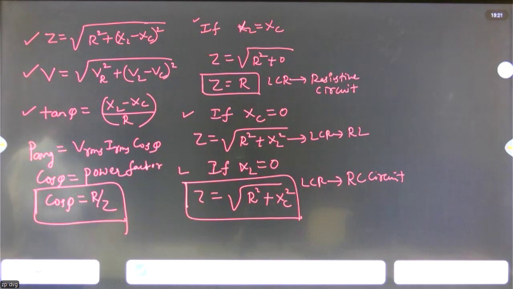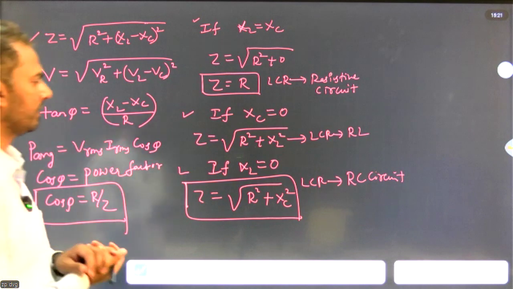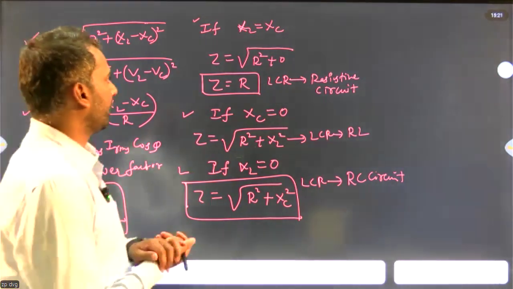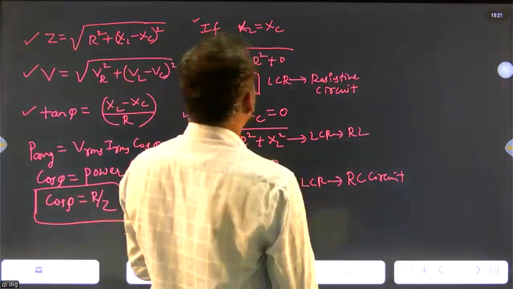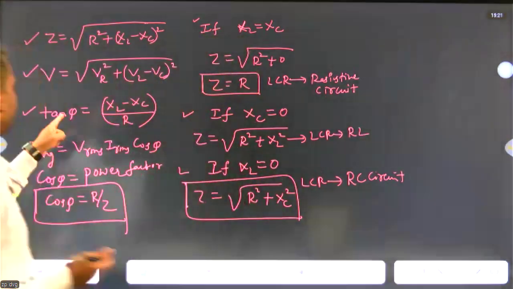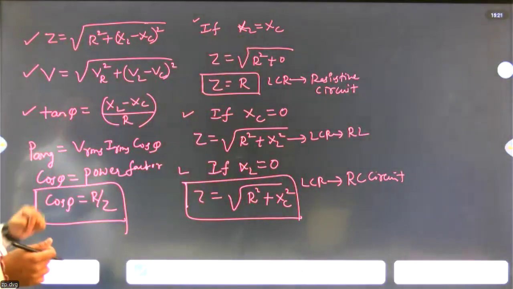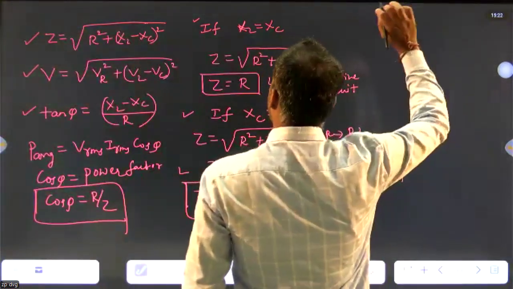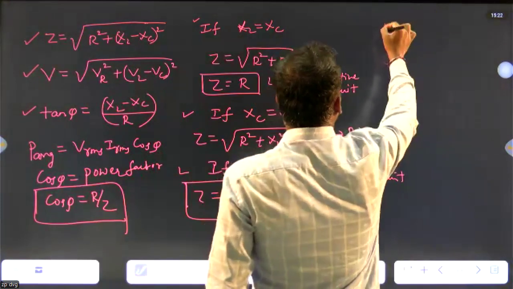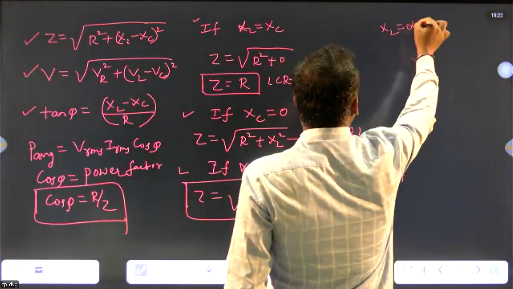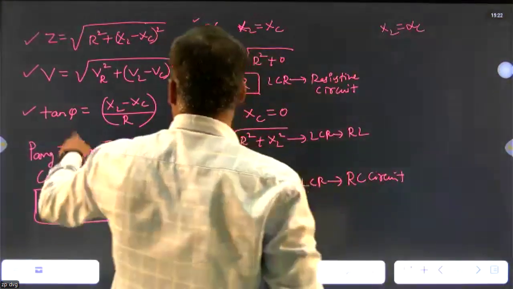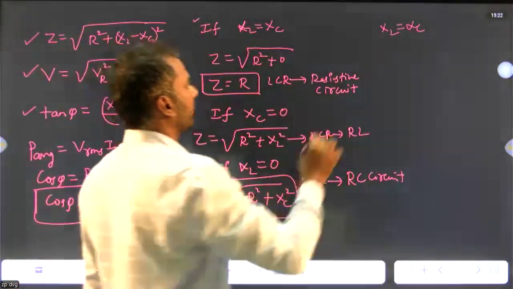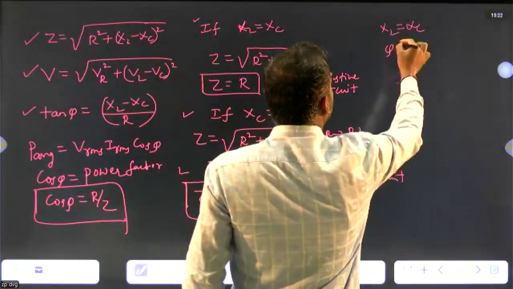Now, if XC is equal to XL, what is the phase angle between the resultant voltage and current? If XC is equal to XL, tan phi is equal to 0, or phi is equal to 0.